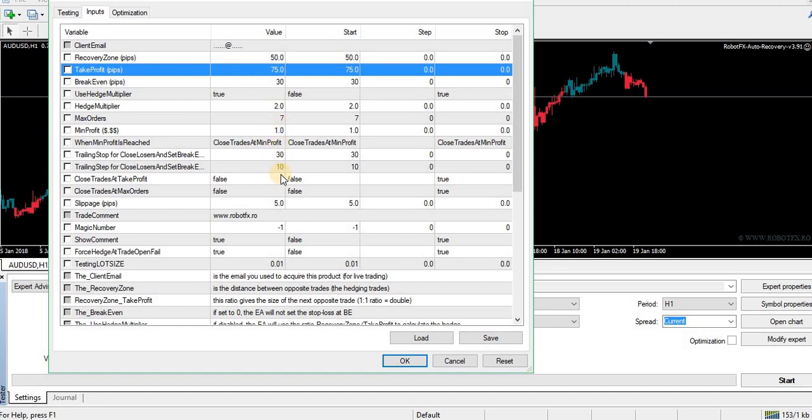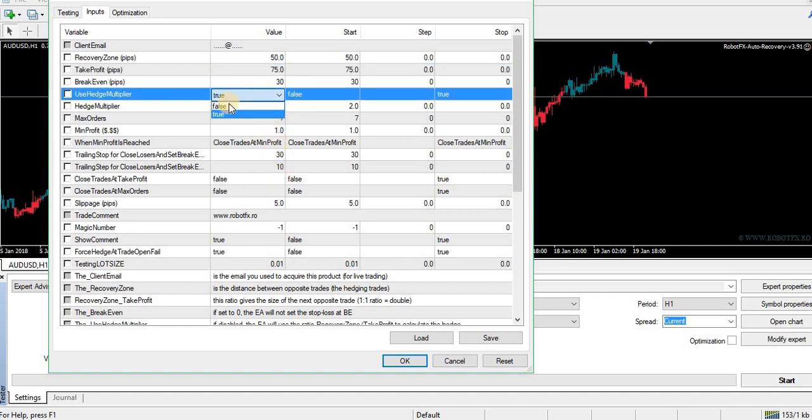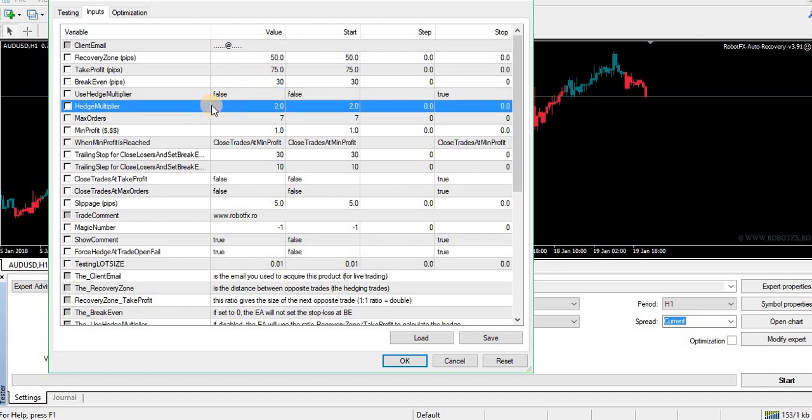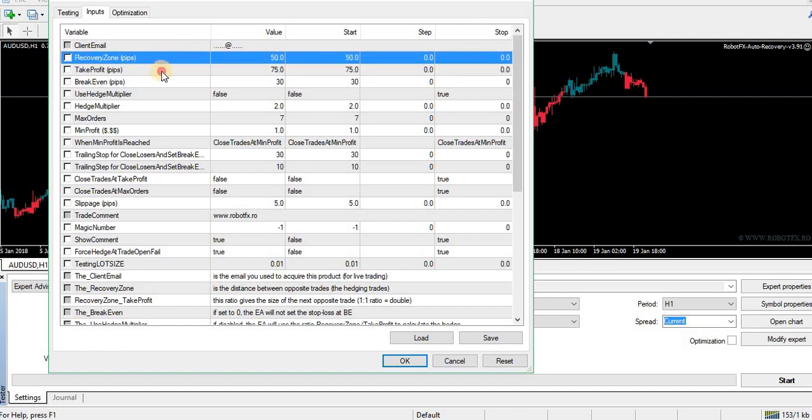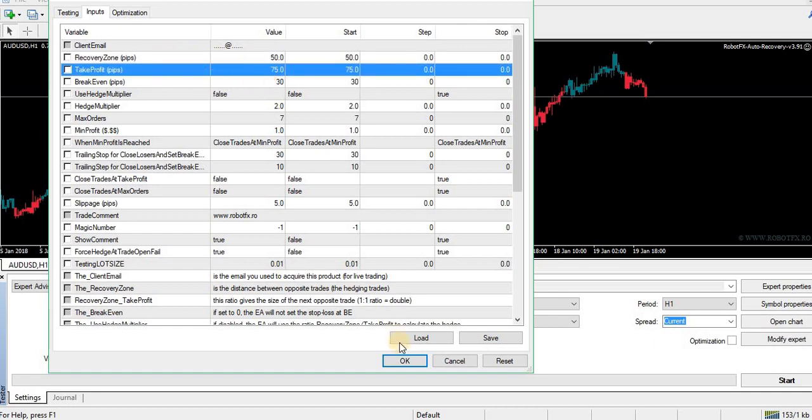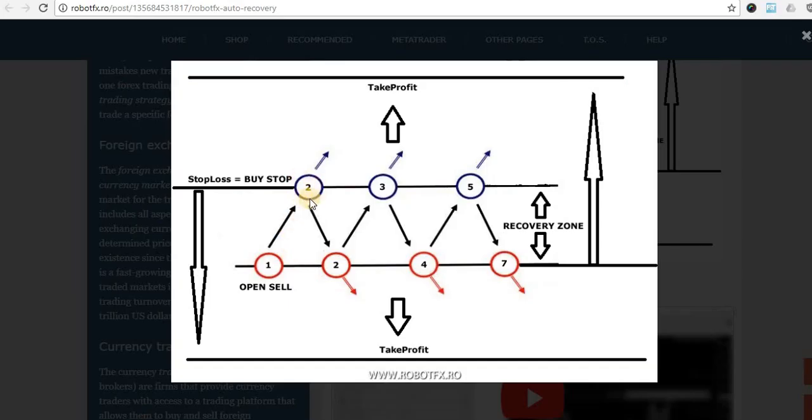And the other thing is if you don't want to use a hedge multiplier, which I will explain later, then the expert advisor will use the ratio between the recovery zone and the take profit to calculate the lot size of the hedging order, of the next pending order. And this is based on the lot size of one or all orders of the same kind in comparison with the orders of the other kind.